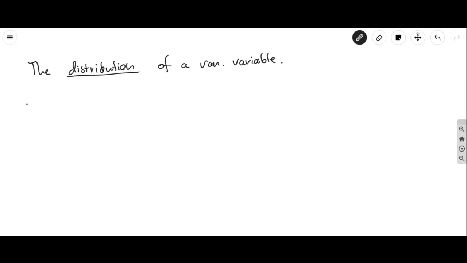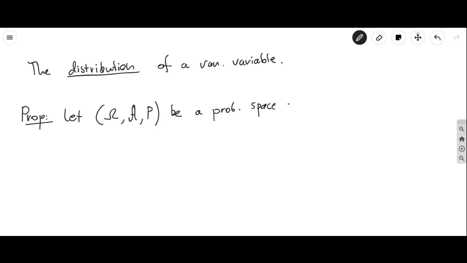Maybe I should begin with a proposition first. Proposition: let (Omega, script A, P) be a probability space, and X from the sample space into the real line, and as we remarked, it is possible to replace this by the extended real line as well if you need to, be a random variable.